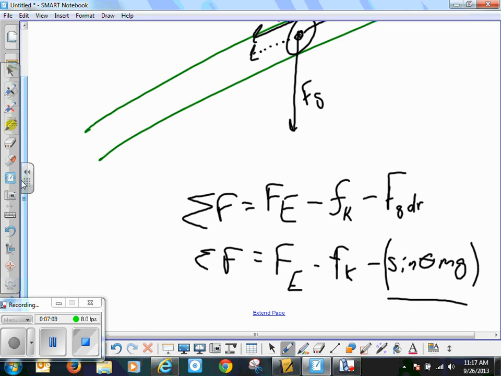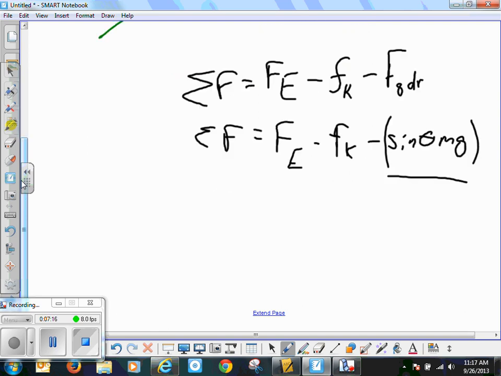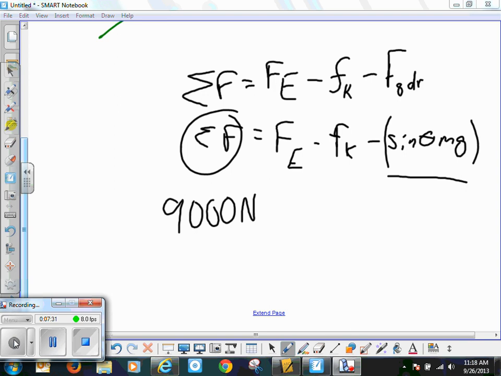Okay, so this right here is the part that we can actually add into our force. If I was going to ask you what was the force of this cannon, then I've got to know what you got for your answer for the summation of forces. So you got something like 9,000 newtons. Okay, this isn't what you get in the actual problem, but let's just say your summation of forces is 9,000, and that summation of forces caused this ball to accelerate over this displacement.